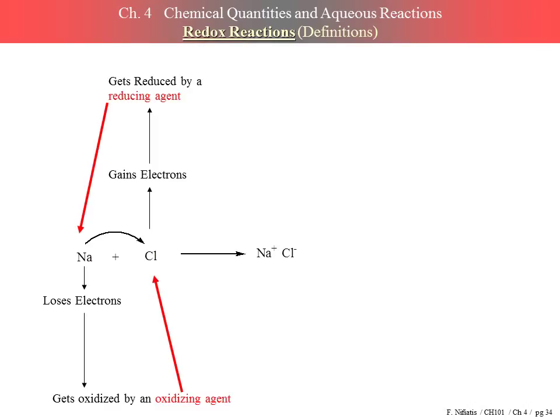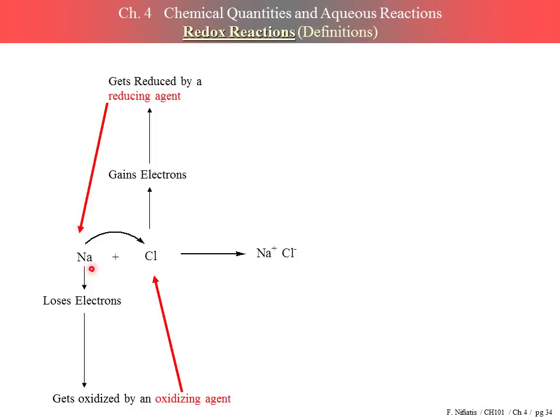Now, the chlorine is getting reduced because the sodium is there. The sodium enables the chlorine to get reduced. So, the sodium is the reducing agent. Let's see the chlorine. The chlorine is the one that enables the sodium to get rid of the 1 electron.